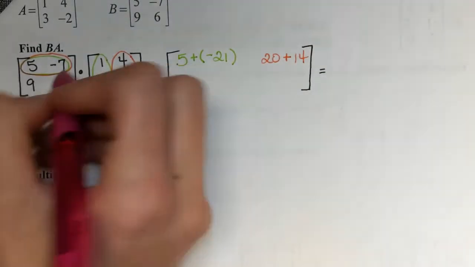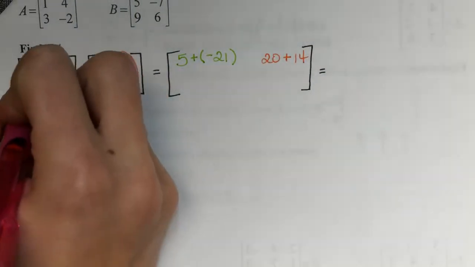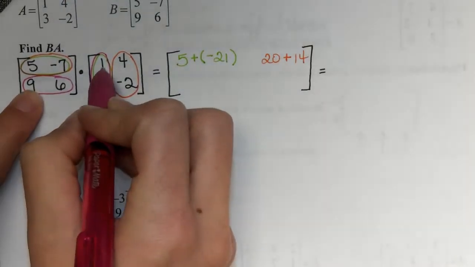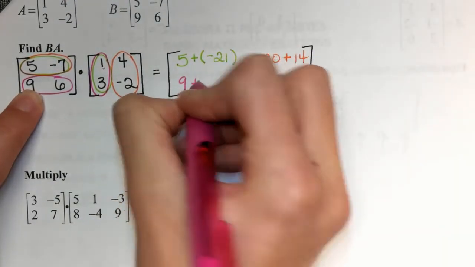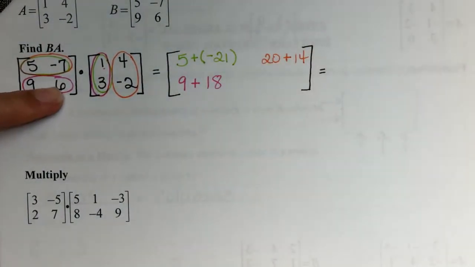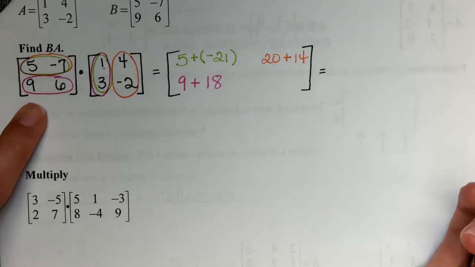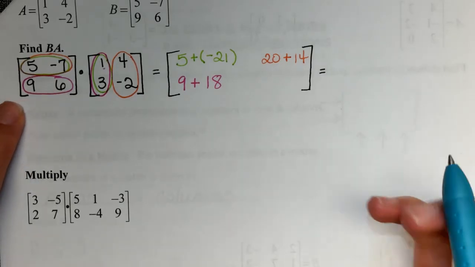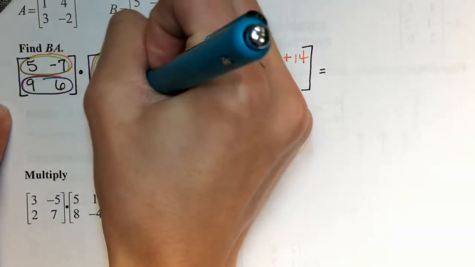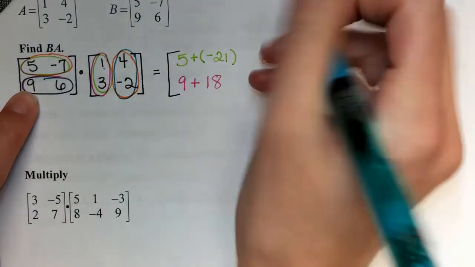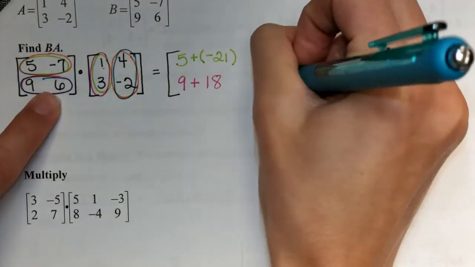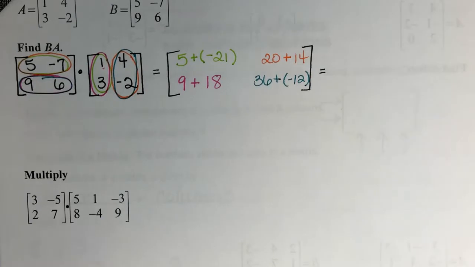Alright, then we're going to do what? So 9 times 1 is 9, plus 6 times 3 will give me 18. We good? Okay. So then second row, second column, 9 times 4, plus 6 times -2, -12.